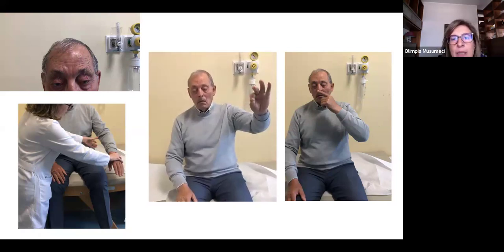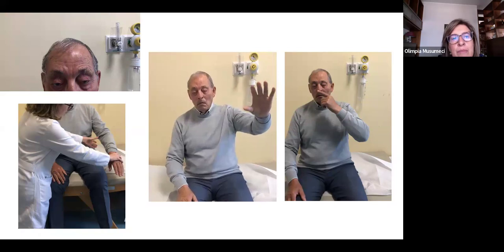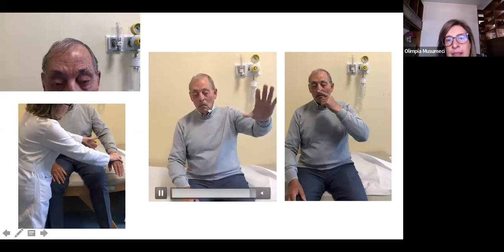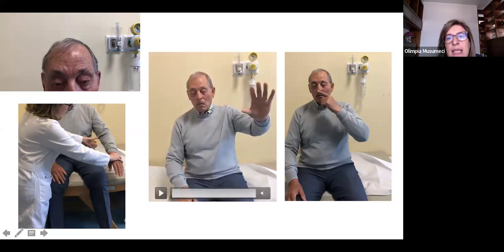This is a patient with a Twinkle variant who started with the ophthalmoplegia, but over the course of the disease, now he's 76, he developed a Parkinsonian syndrome.